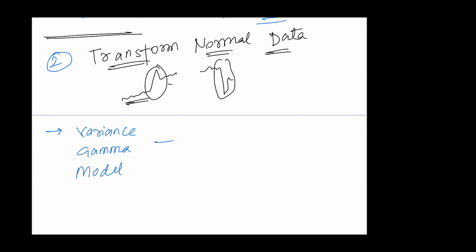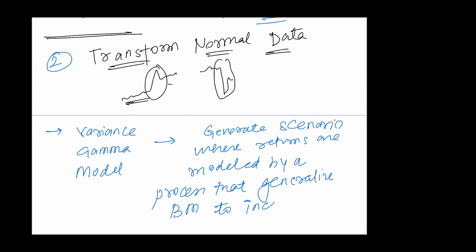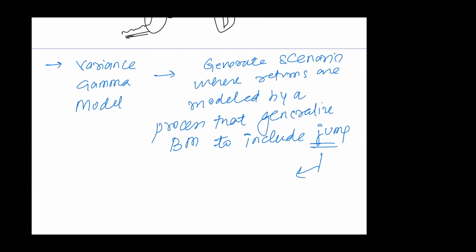This approach generates scenarios where returns are modeled by a process that generalizes Brownian motion to include jumps. Now these jumps are very common during times of distress, in distressed market conditions, or when there's some volatility in the market.